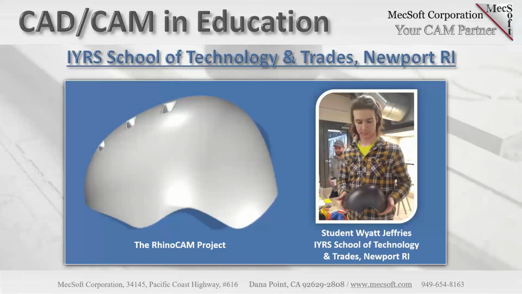Student Wyatt Jeffries is an avid bicyclist, so he wanted to design and manufacture his own bicycle helmet. On the right here, you see the RhinoCam part of the helmet, and we're going to be taking a look at this RhinoCam part file in just a second. On the left there, you see the helmet, and on the right, you see Wyatt holding the end product. So this is a composite manufactured bicycle helmet from fiberglass.